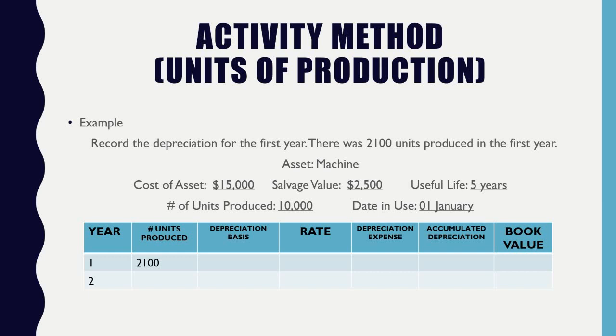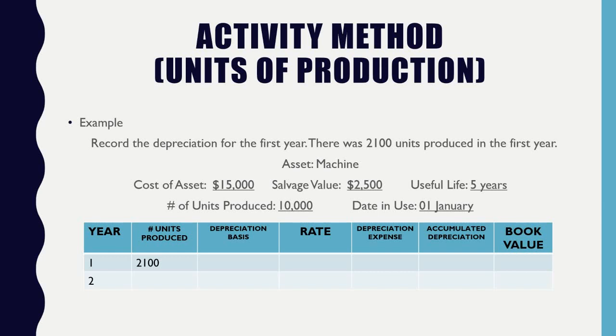We have the 5 components that we need. Number 1, asset cost. Number 2, estimated useful life or number of units that it could produce, in this case 10,000. Do we have a salvage value? Yes, we do. That's part 3. Part 4 is determining the date that you place into service, January 1st. And the last thing to note is what method we are using: units of production.